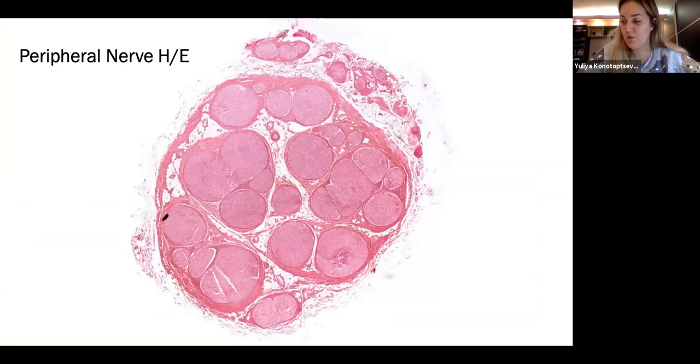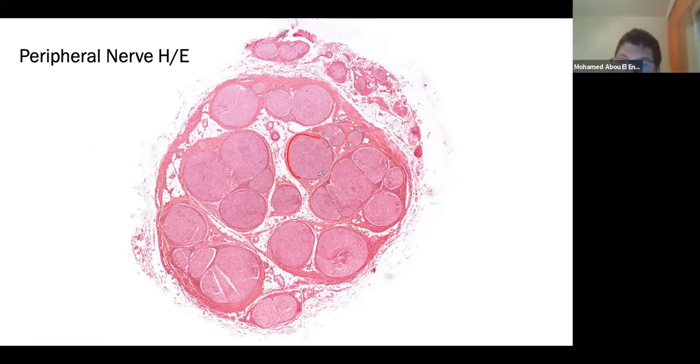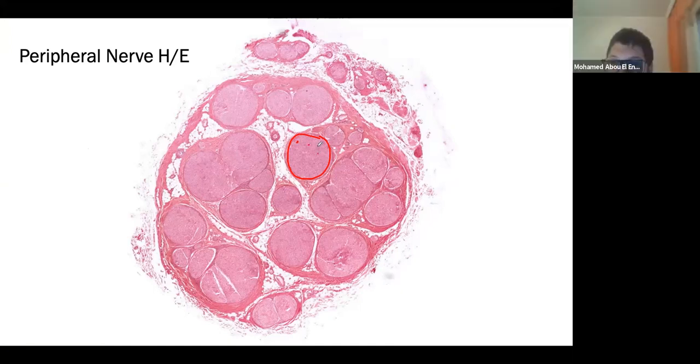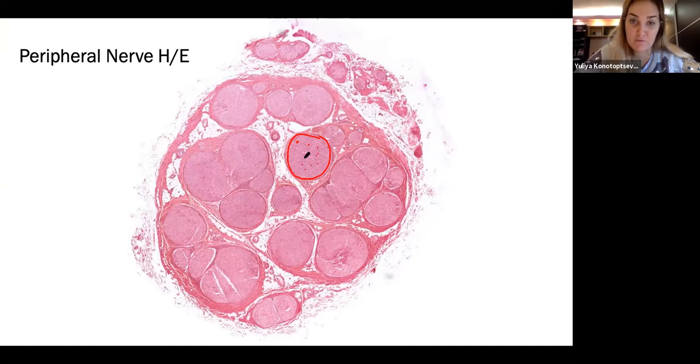Okay, so let's take a look at our first slide. Yay. Okay, so peripheral nerve, H and E. So cross section. How do you call this? Fascicles. Okay, so these are going to be the nerve fascicles. What is inside of these nerve fascicles? Axons. So each of these dots is going to be an axon, a nerve fiber.